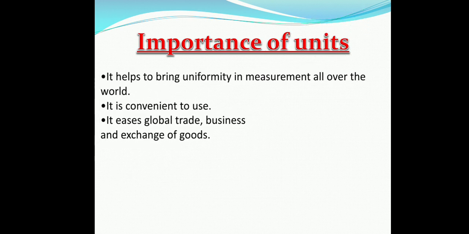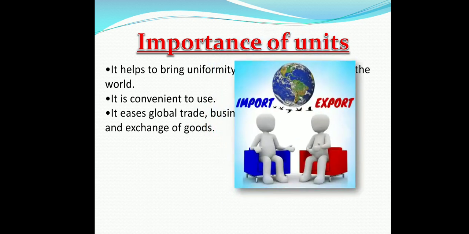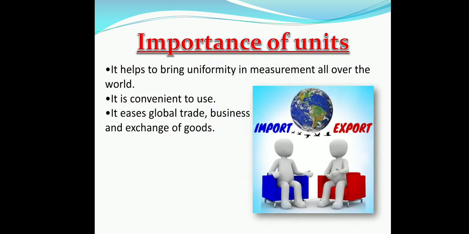Now, the importance of units. Units help to bring uniformity in measurement all over the world as they use the same units, and it is convenient to use. It eases global trade, business, and exchange of goods. These are some of the importance of units.